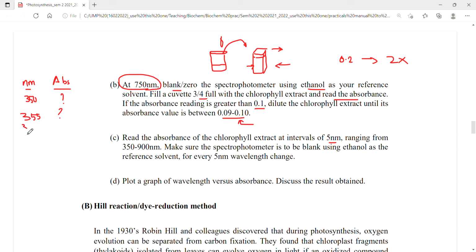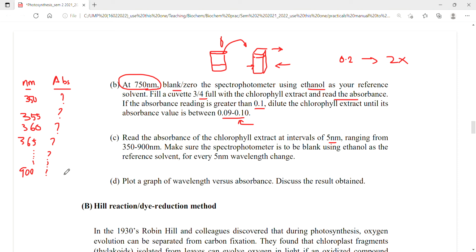You do this with every 5 increment, and read 365 and so on, until you reach 900. So quite a lot of hard work. You must find out all the absorbance readings from 350 to 900.